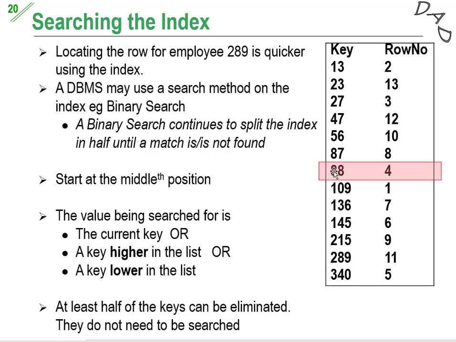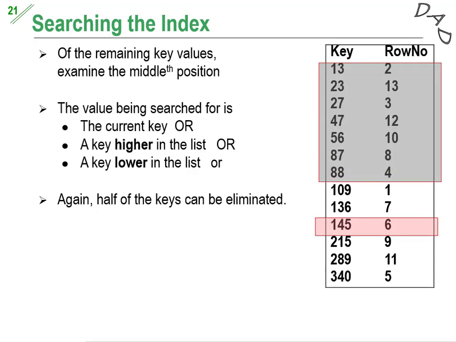So that means the DBMS now can ignore the top part. Half of the index has now gone. We don't need to actually search the upper half. Then it comes to the second part.